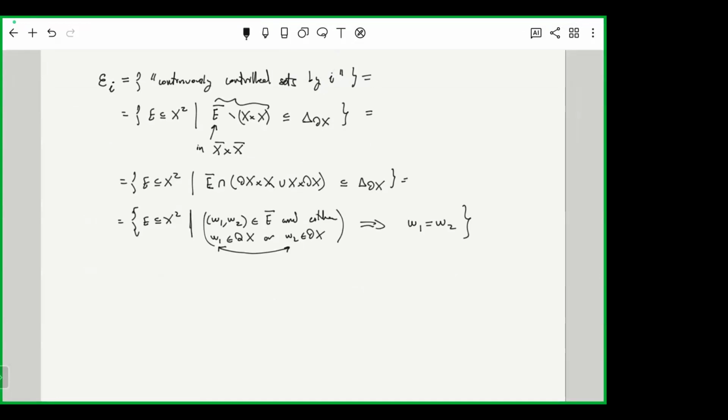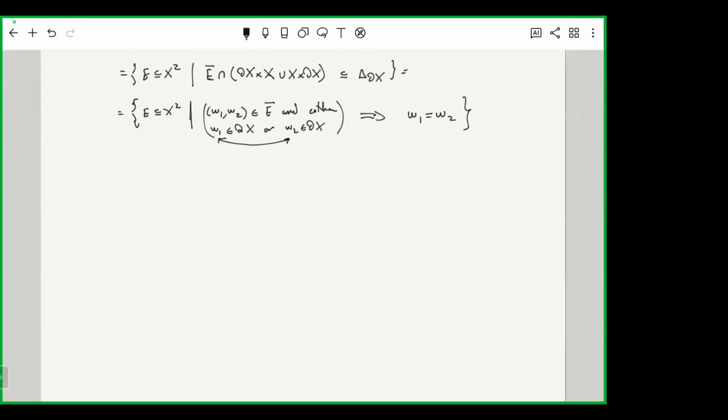Let's see some example. So I will consider the topological space R. So this is my topological space, but with two different compactifications.